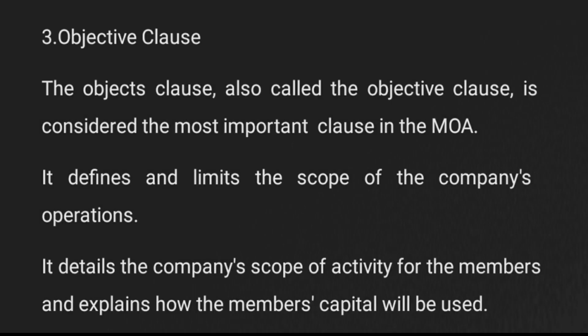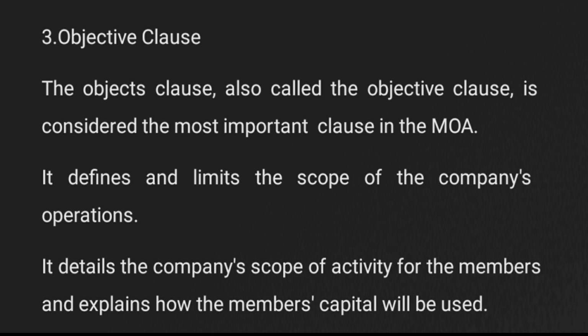Number three, objective clause. The objective clause, also called the object clause, is considered the most important clause in the MOA because it defines and limits the scope of the company's operation. It defines what kind of business a company can do and its limits also.